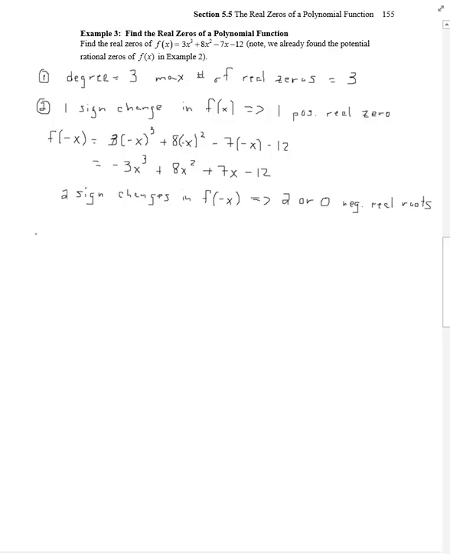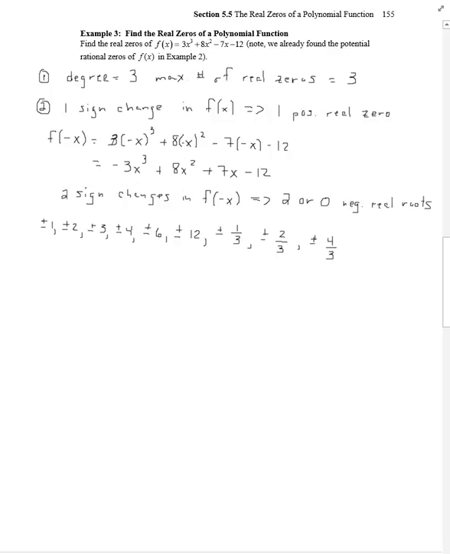Okay, so we have that big list from the previous page. So we have plus or minus 1, plus or minus 2, plus or minus 3, plus or minus 4, plus or minus 6, plus or minus 12, plus or minus 1/3, and plus or minus 2/3, and goodness gracious, plus or minus 4/3.